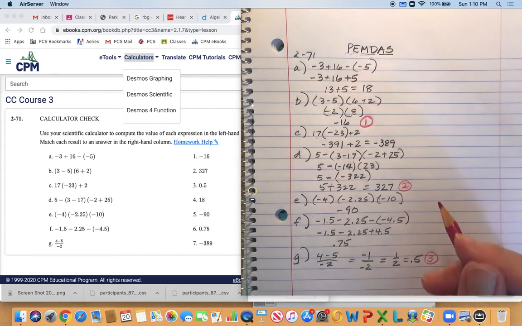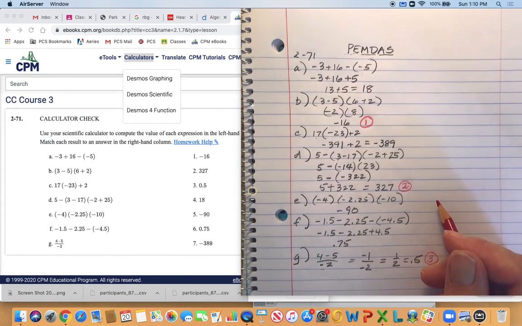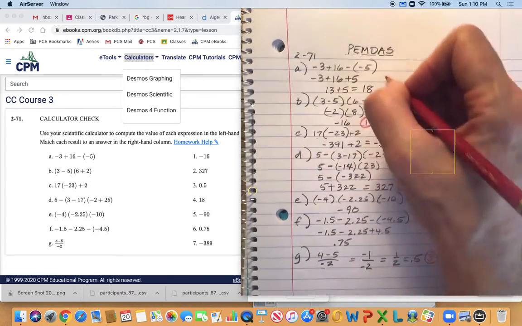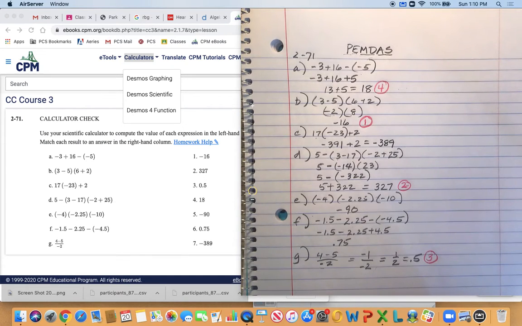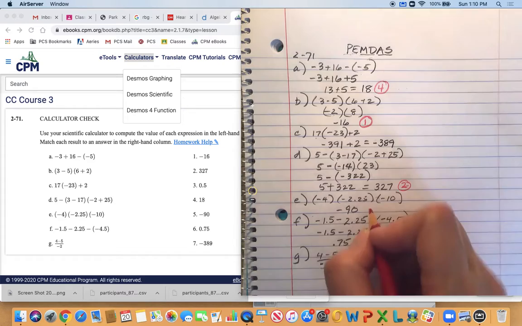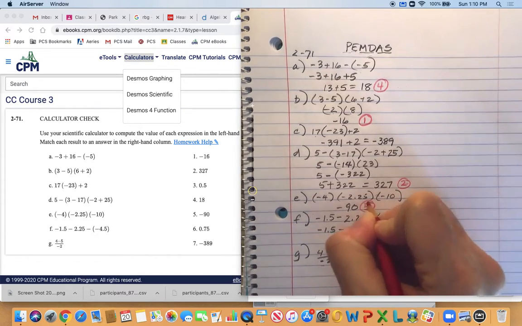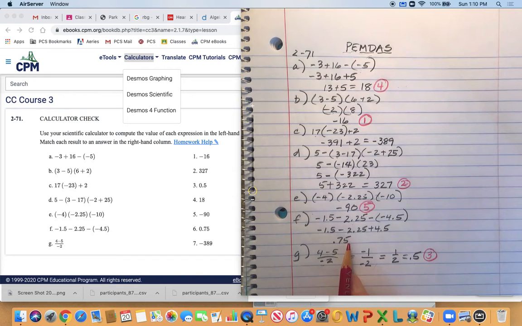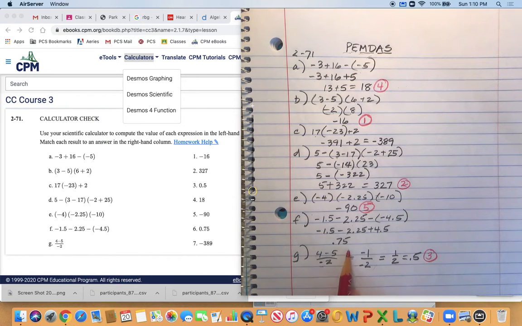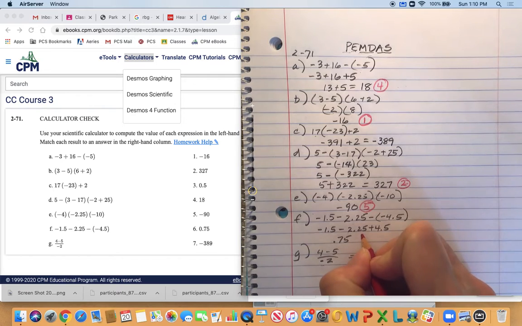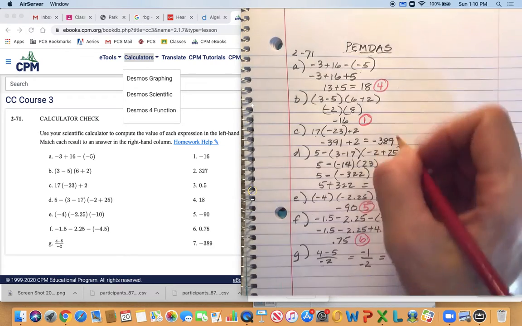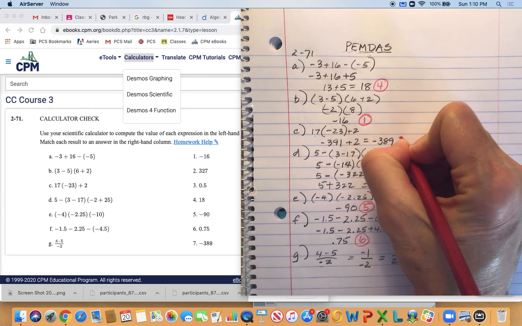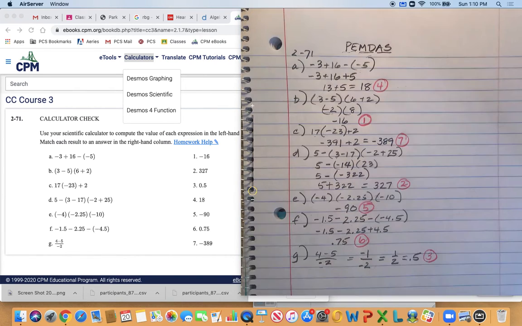And then 4 is 18, and that matches up with A. And then 5 is negative 90, and that matches up with E. And then 6 is 0.75, and that matches up with F here. And then 7 is negative 389. So that's our last one right here, 7. All right, and that is it.